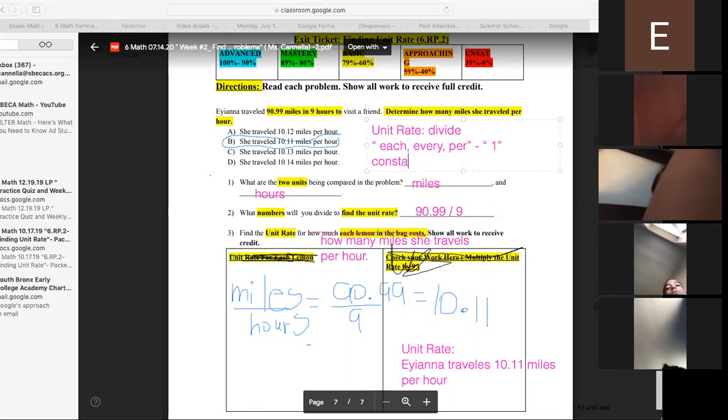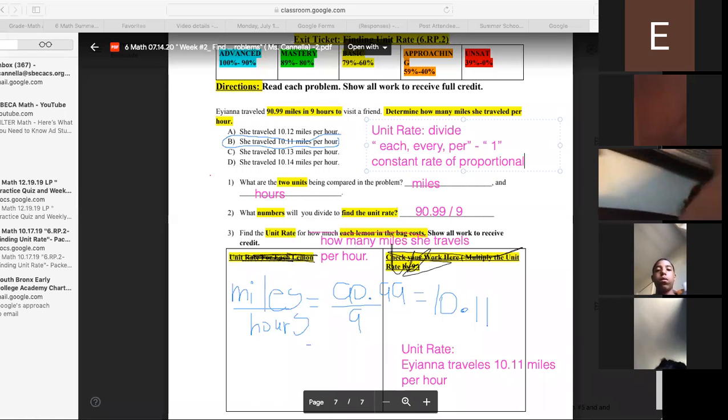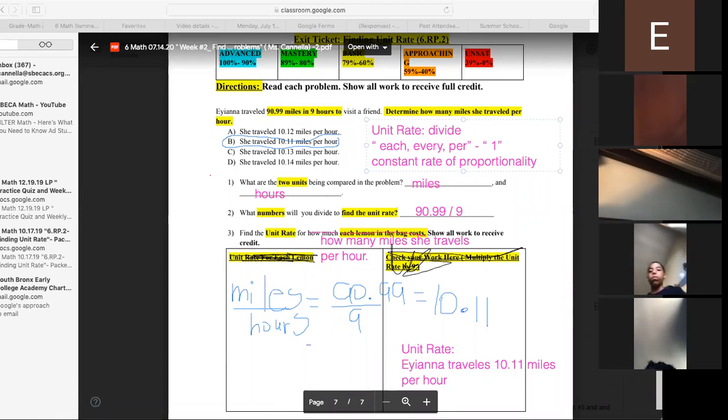Constant what? Constant rate of proportionality. Good, that's the 7th grade. It means the same thing. And in 8th grade, it's called a slope.